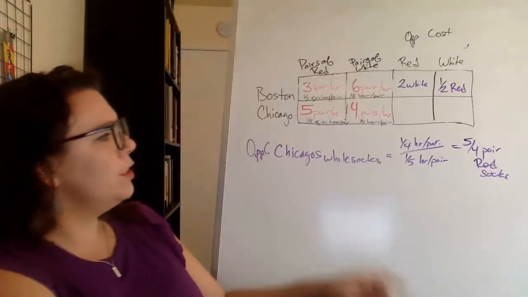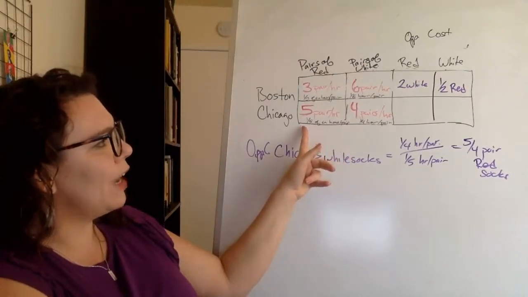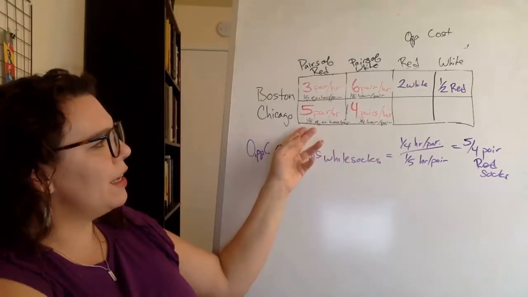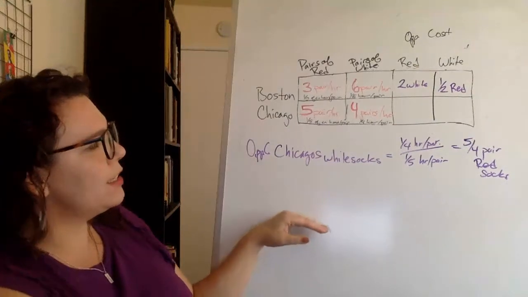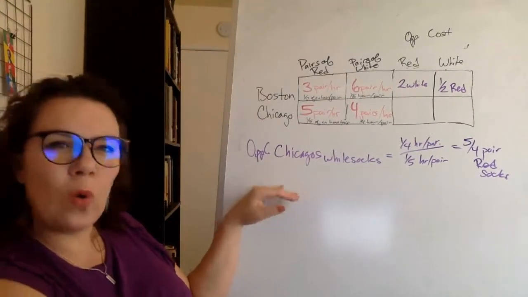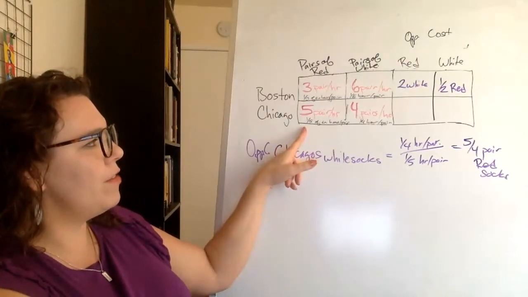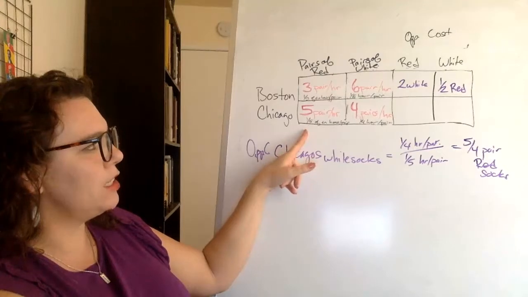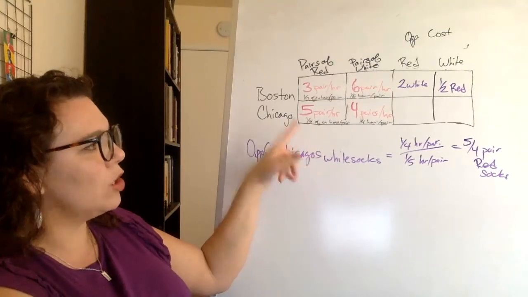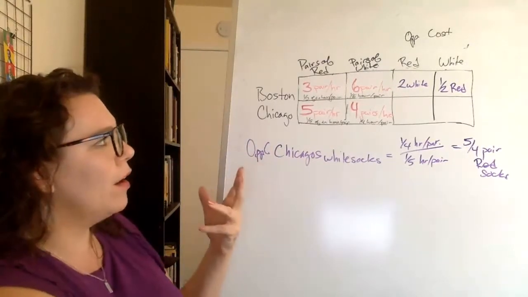If we could have produced 5 pairs of Red Sox in an hour or 4 pairs of White Sox in an hour, then in the fraction of time that it would have taken to make a pair of Red Sox, we couldn't have produced a whole pair of White Sox, right? In the fifth of an hour it takes to produce a pair of Red Sox, we would have gotten close to, but not completely done with, producing a pair of White Sox.